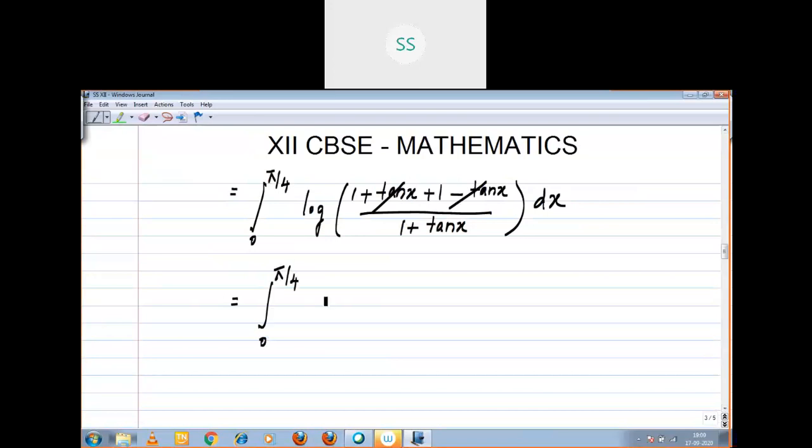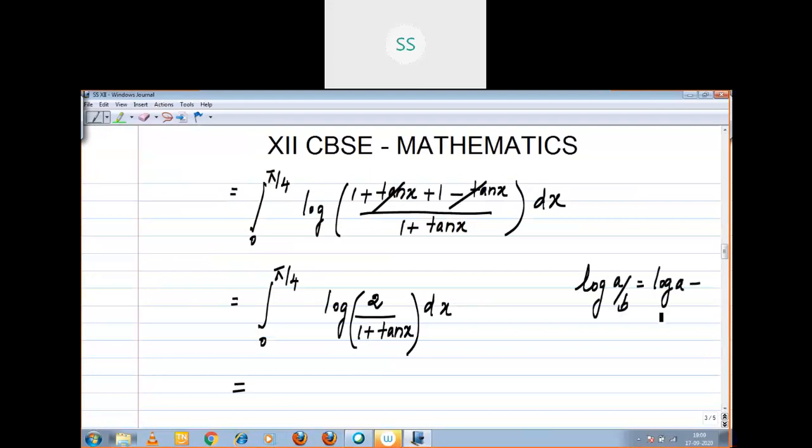Which is equal to integral 0 to pi by 4 log of, I'm going to take the LCM I said, right? 1 plus tan x plus 1 minus tan x divided by 1 plus tan x into dx.